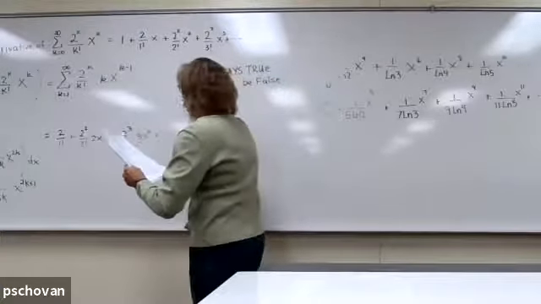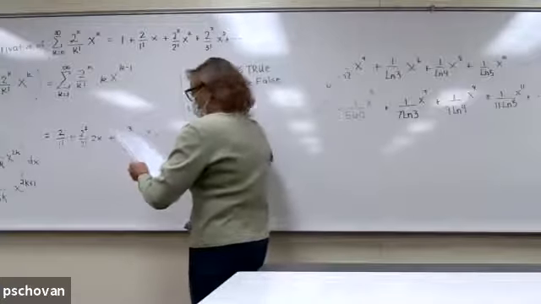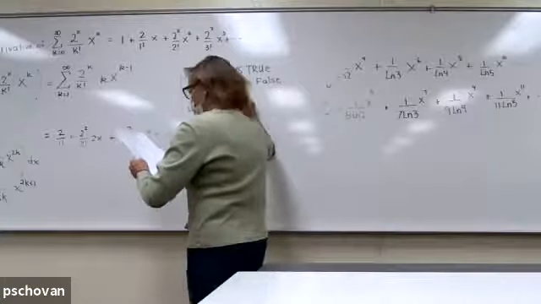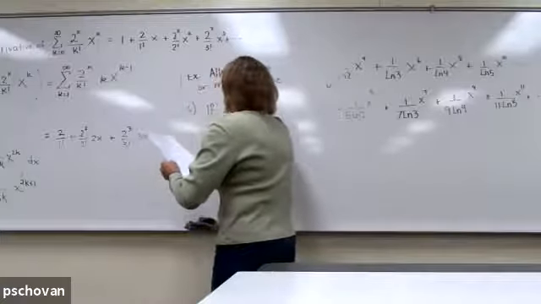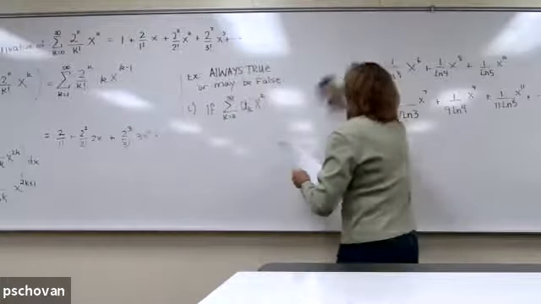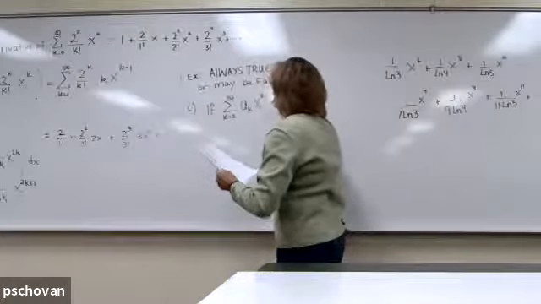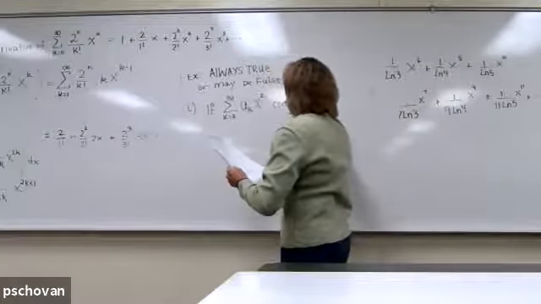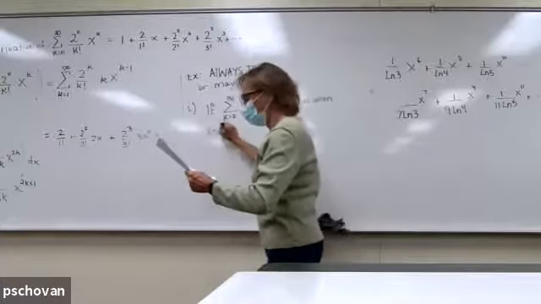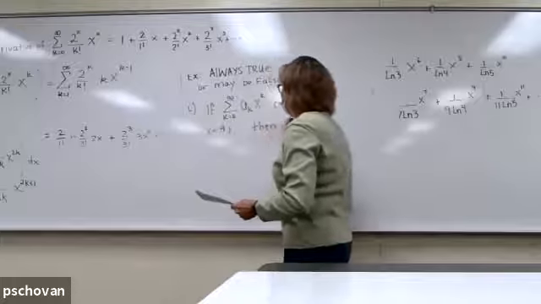So my first one is, if my power series from k is equal to 0 to infinity of ak times x to the k converges when x is equal to 4, then it must converge when x is equal to 3.